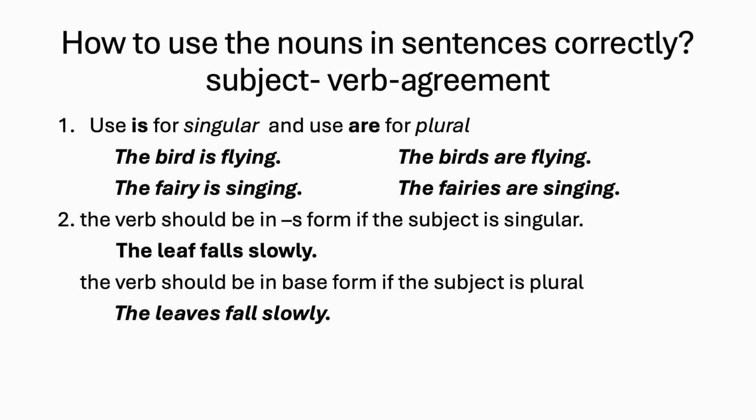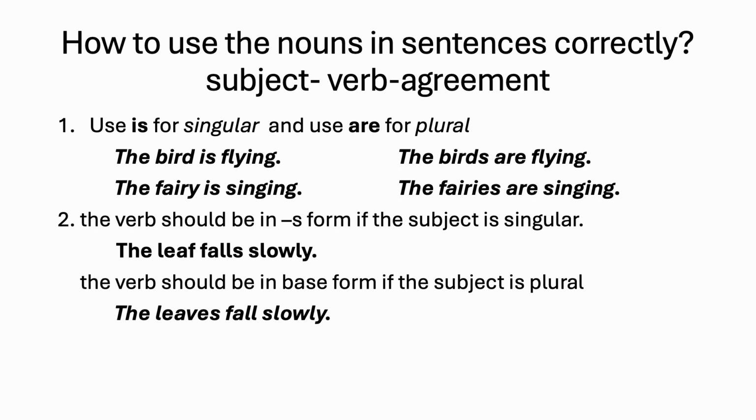Only one. So, we will use is. How about this? The birds are flying. How many birds? Alright, there are many. Therefore, we will use are. The fairies are singing. The noun is fairies, and of course, that's plural. Therefore, we will use are.